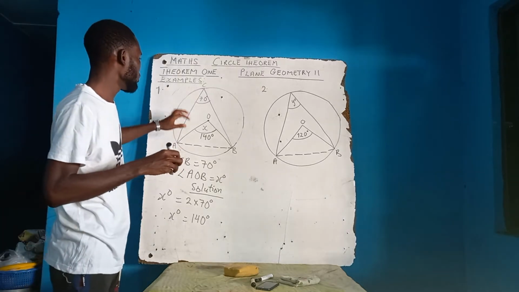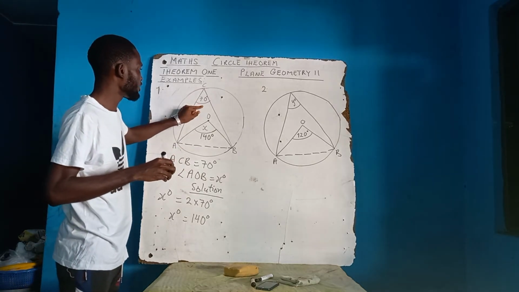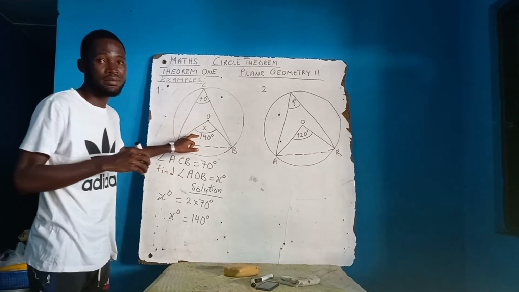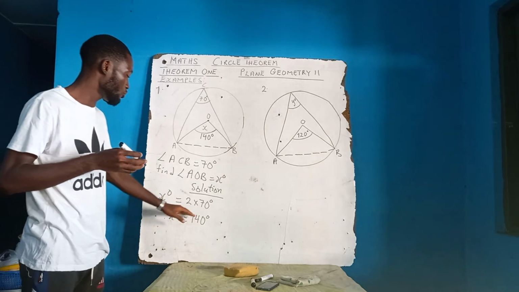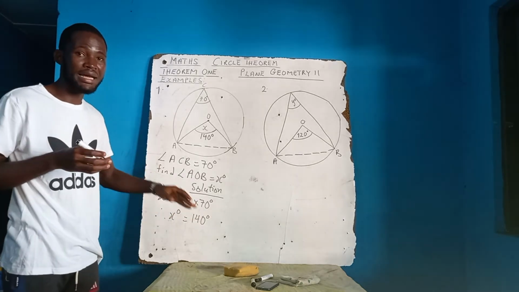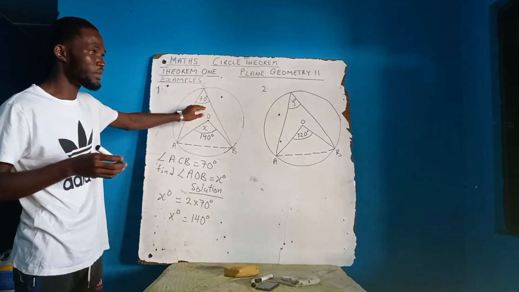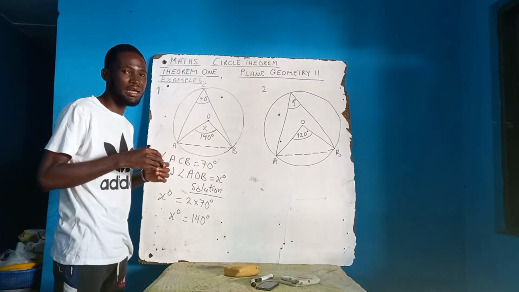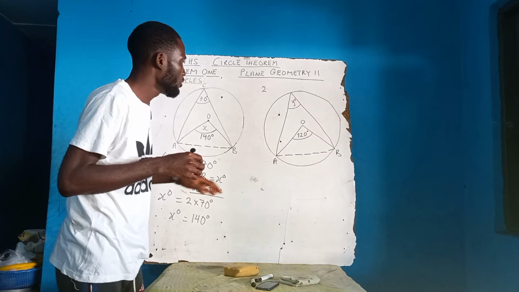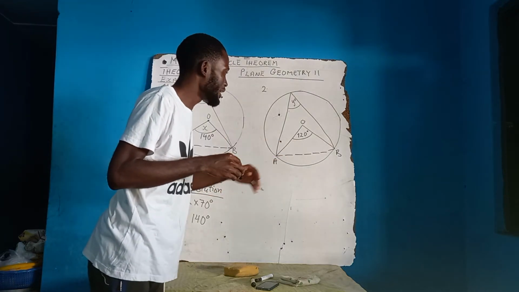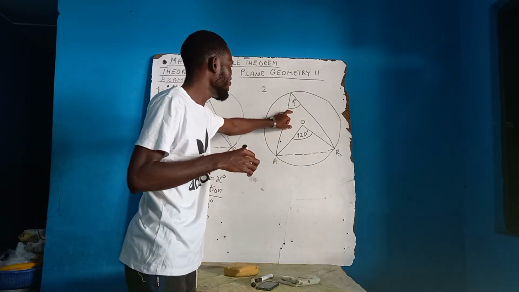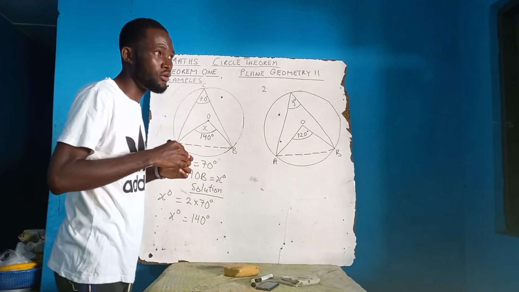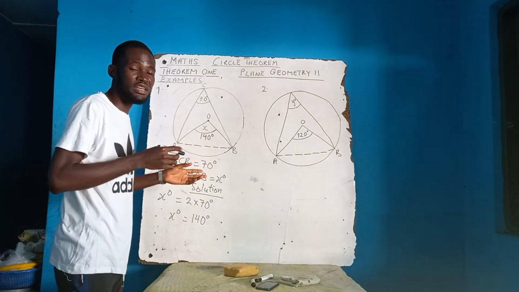Why? In our example 1, the angle was formed at the circumference, and we were tasked with finding the angle at the center. And in that instance, we were tasked to multiply whichever angle was formed at the circumference of the circle to have our answer at the center. But here we are being given the angle at the center and we are tasked with finding the angle at the circumference. Like I stated earlier on, this is the opposite of example 1.